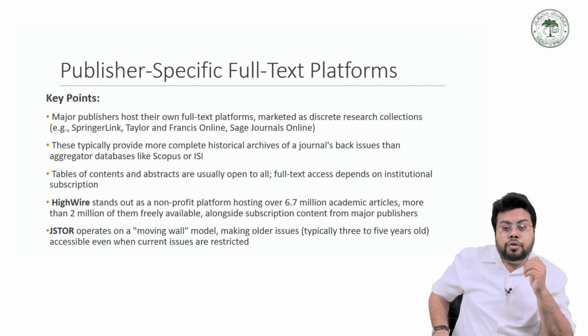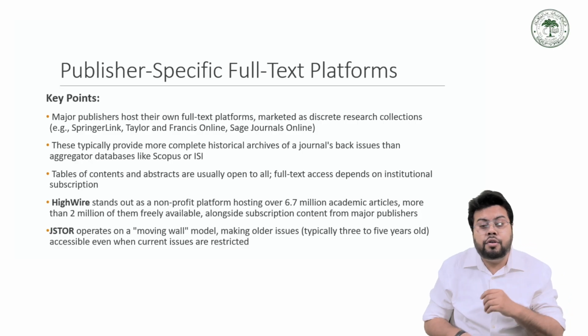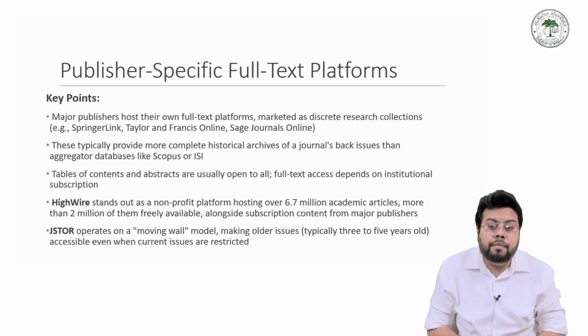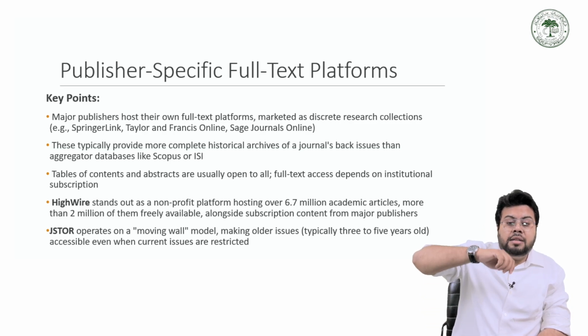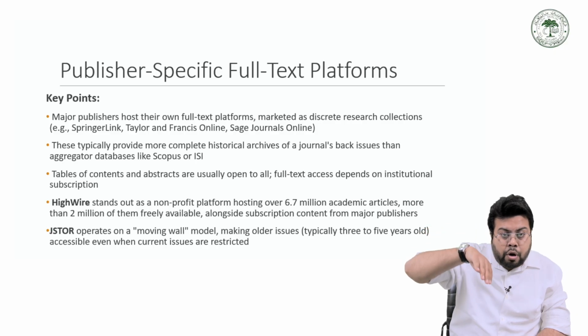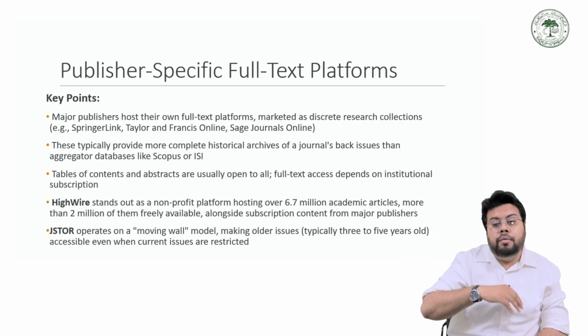I particularly want you to remember JSTOR's moving wall policy because it solves a frustration many of you will run into. Students often assume that if their library doesn't subscribe to a journal's current issues, they have no access to that journal at all. That's not necessarily true.